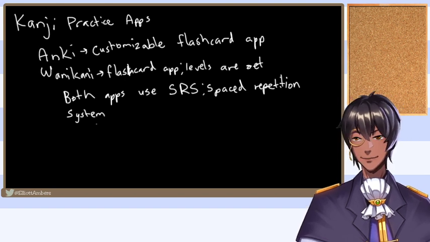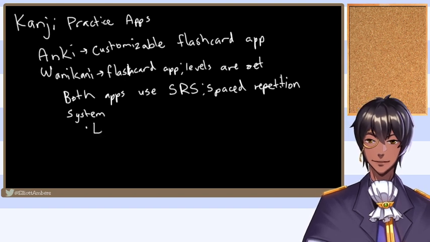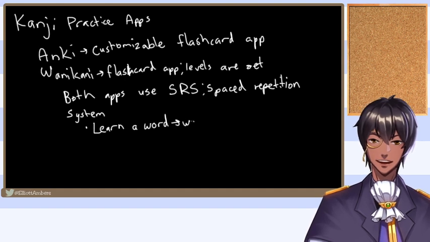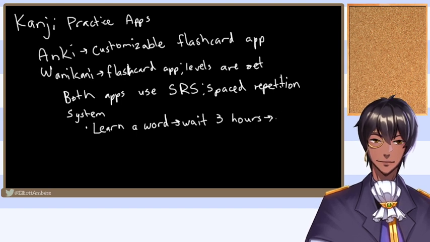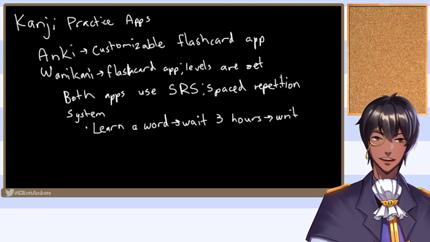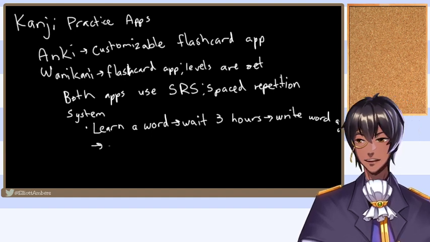So what the spaced repetition system is, is that you learn a word, wait, it's about 3 hours for the first one. Then you just write out the word. Write the word again. You wait more.